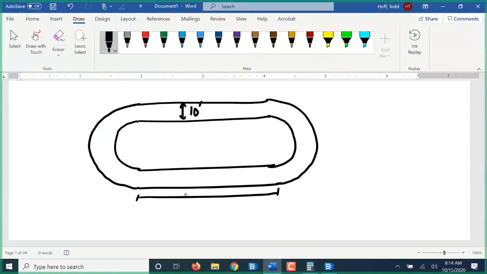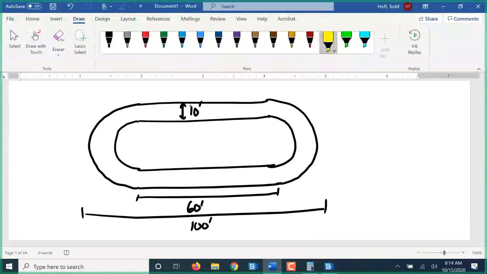And we know that this is 60 feet and 100 feet. And of course, what we're looking for is the area of the track. I'll give you a couple minutes and then we'll go over this.